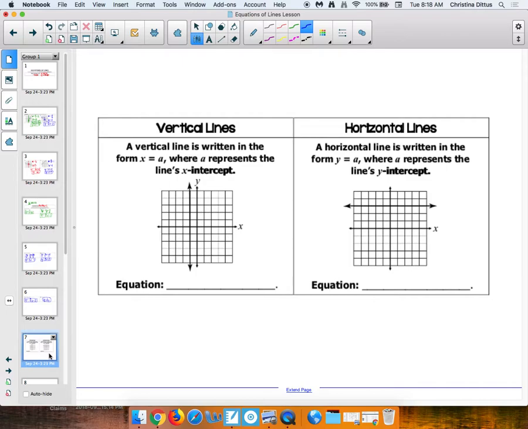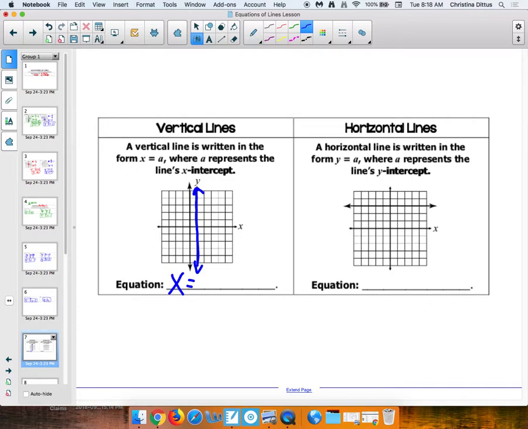Vertical lines go up and down. I know it's kind of hard to see, but this is our line right here. When a line goes straight up and down, it is an x equals equation, because y is like 100 different things, and the only thing that stays the same is our x. What x value is this? 1.